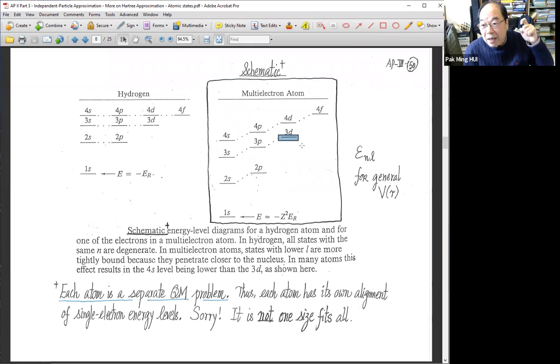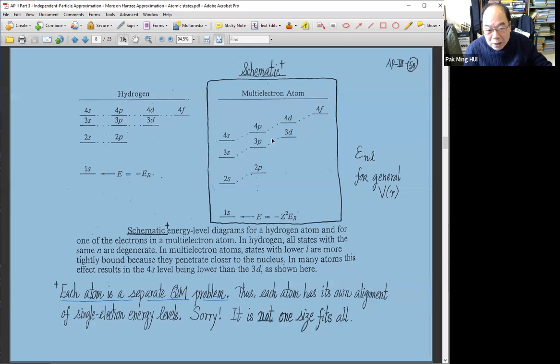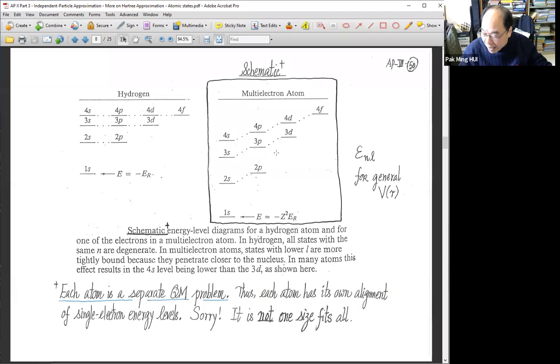But let me remind you one more time, an important concept. Don't take one such picture and use it for all atoms. That is not the right approach. Strictly speaking, every atom is a different quantum mechanics problem. Why? Simple answer. The Hamiltonians are different.